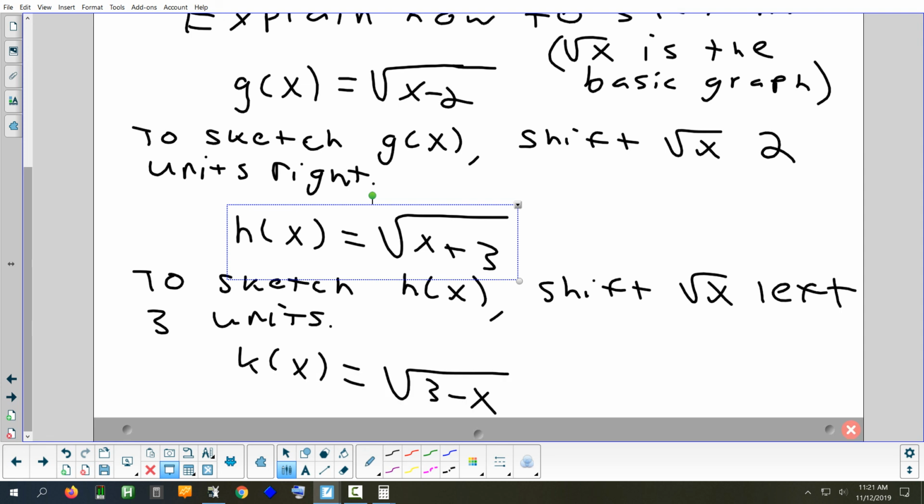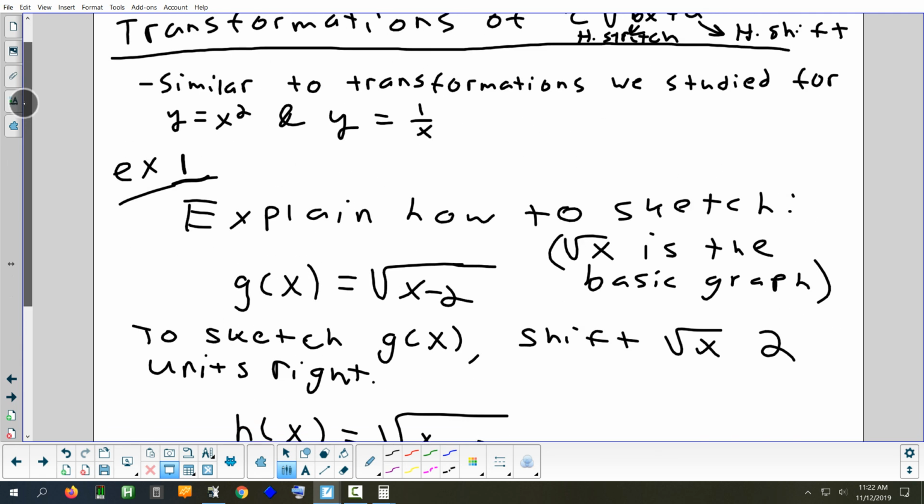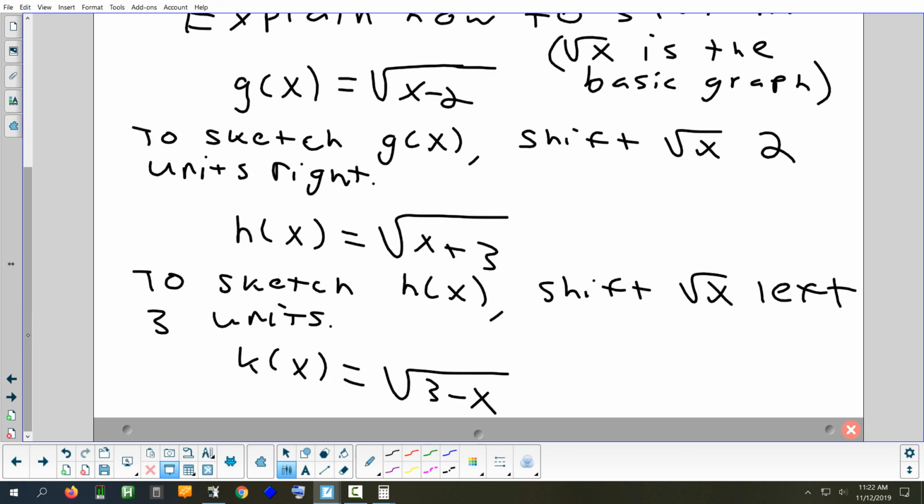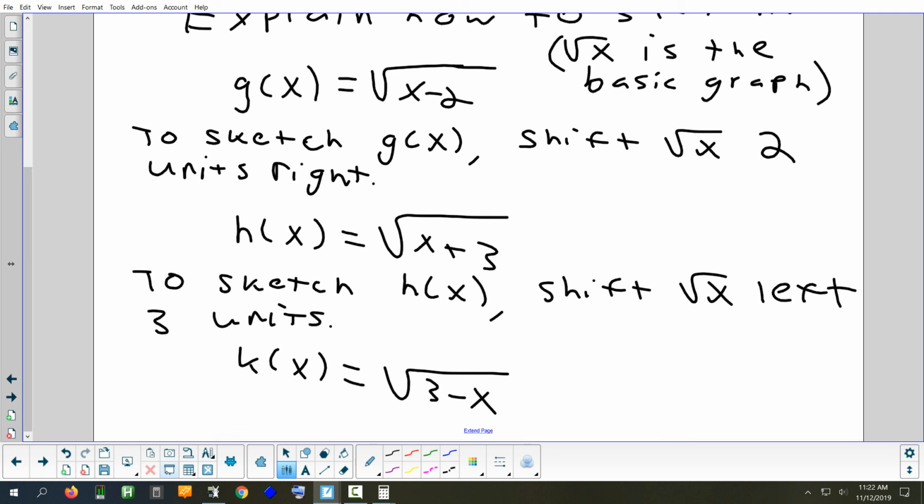Okay, now look at k of x. What's weird about that one? And look at what I wrote on the very top line. And now compare what I wrote there to k of x. What's strange about k of x? Yep. You have a negative variable.